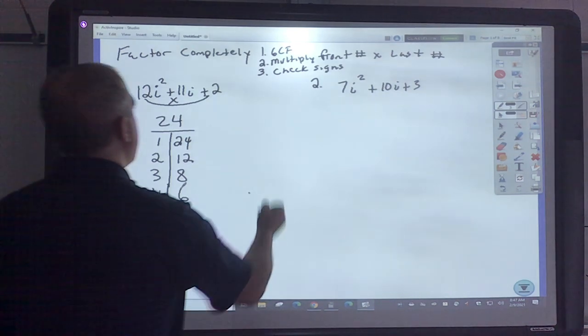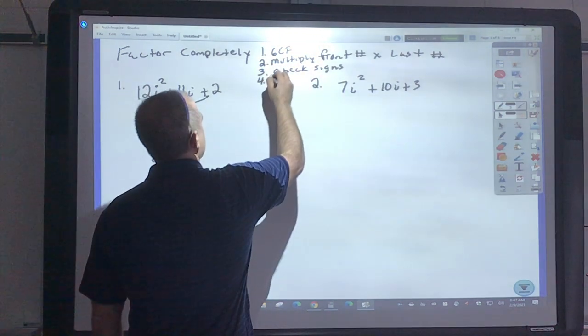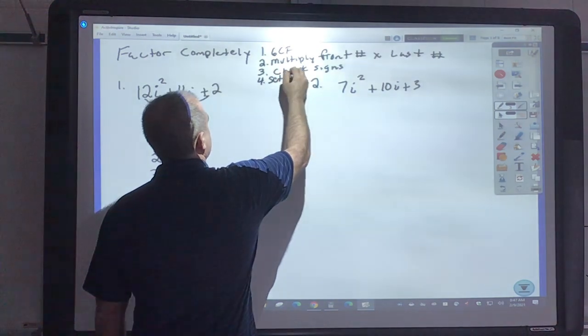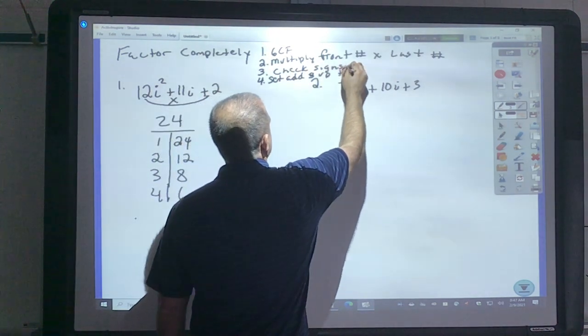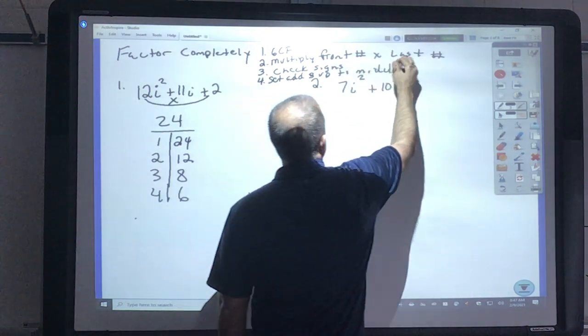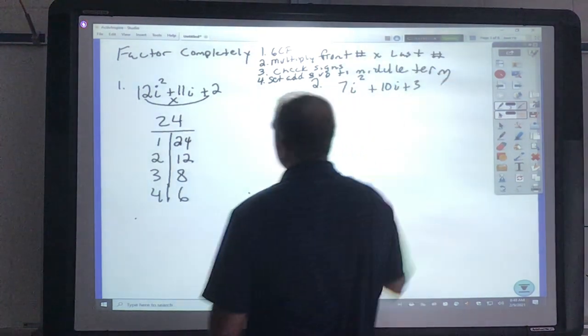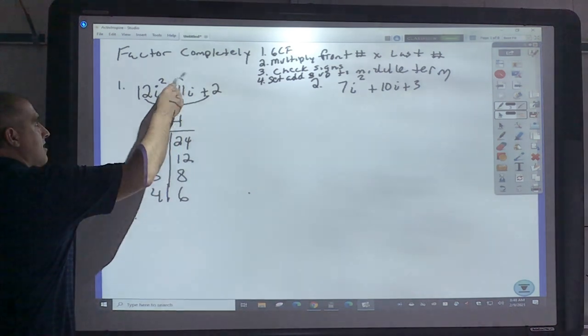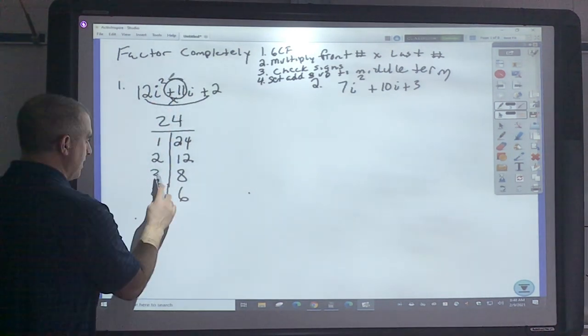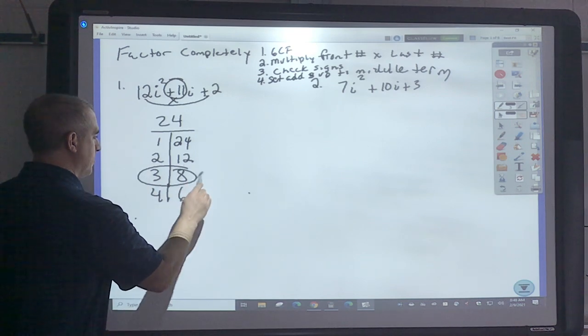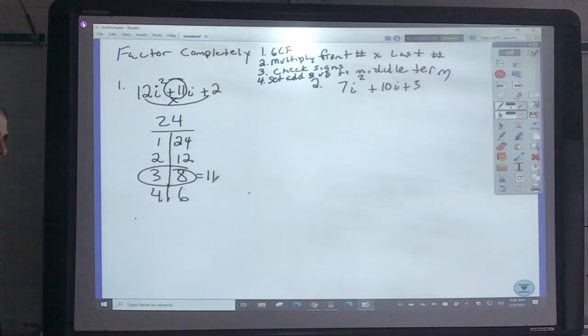Then make sure you find the set that adds up to your middle term. We are looking for the set that adds up to 11. If you look at these, this set, 3 plus 8, would add up to 11.